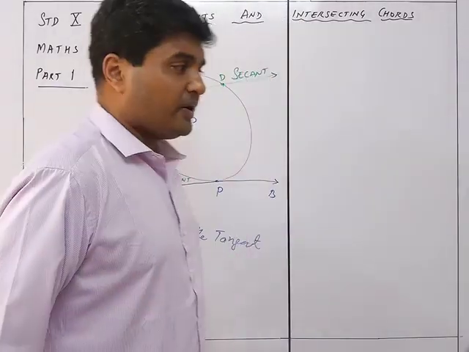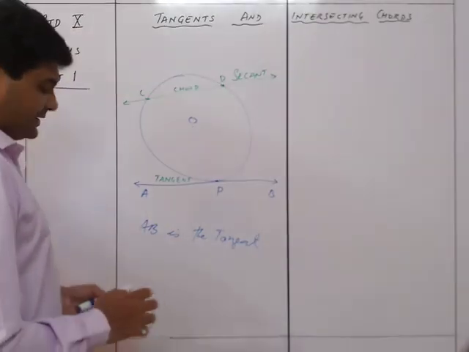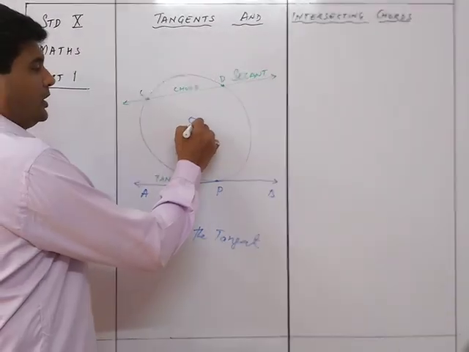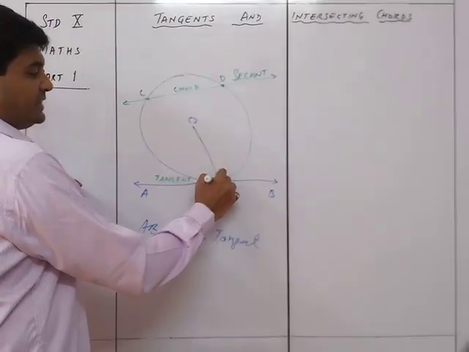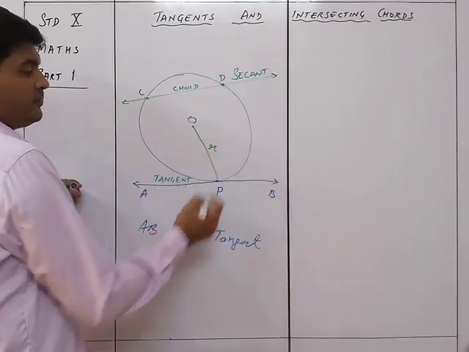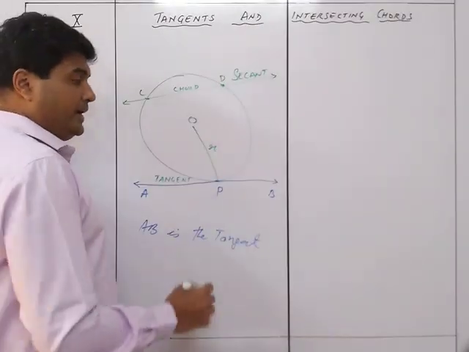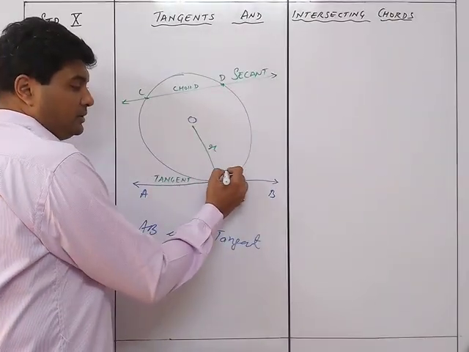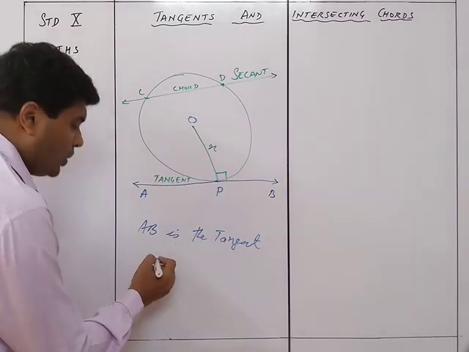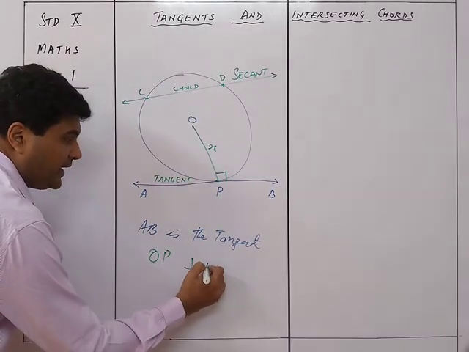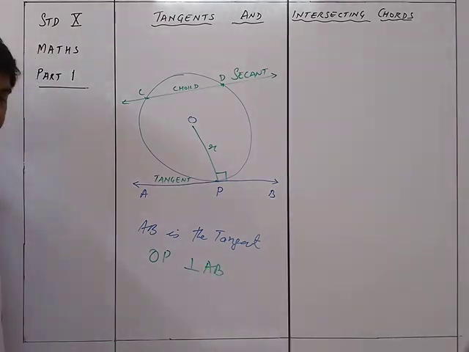The first property of a tangent is that whenever there is a tangent, and if I draw a radius at this particular point, it is always found that they are perpendicular. That means OP is perpendicular to AB.